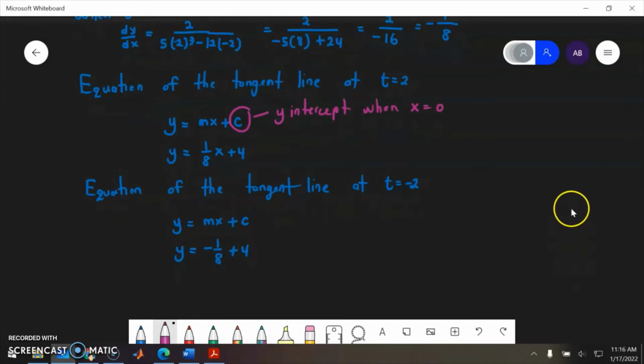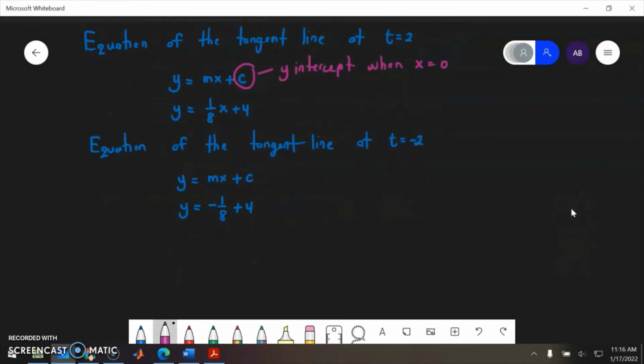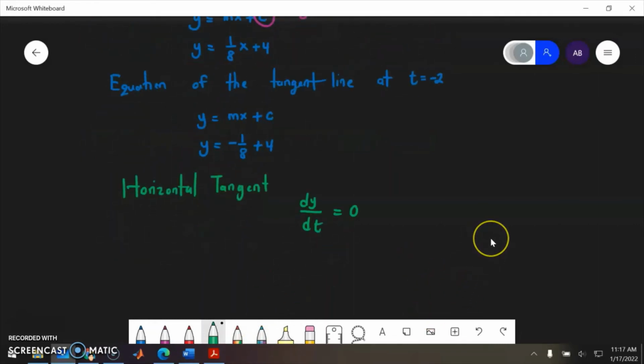Now there's also something called horizontal tangent that you need to understand. So I'm just going to write it: horizontal tangent. For the parametric equation, the horizontal tangent happens when dy/dt equals 0, provided that dx/dt is not equal to 0.